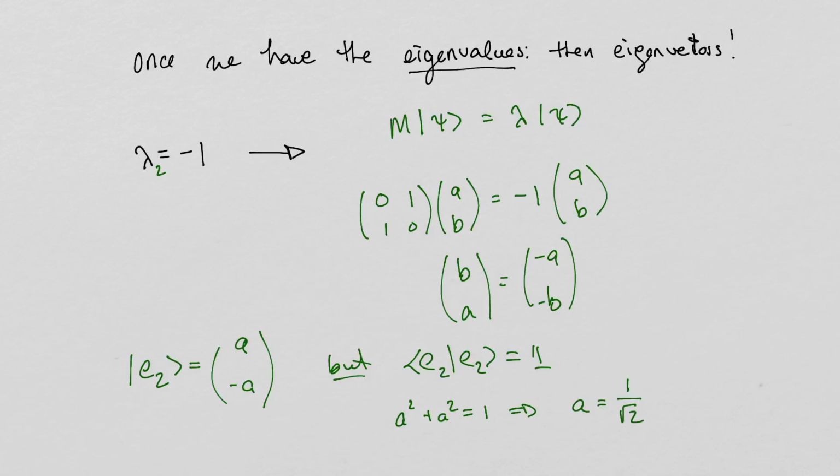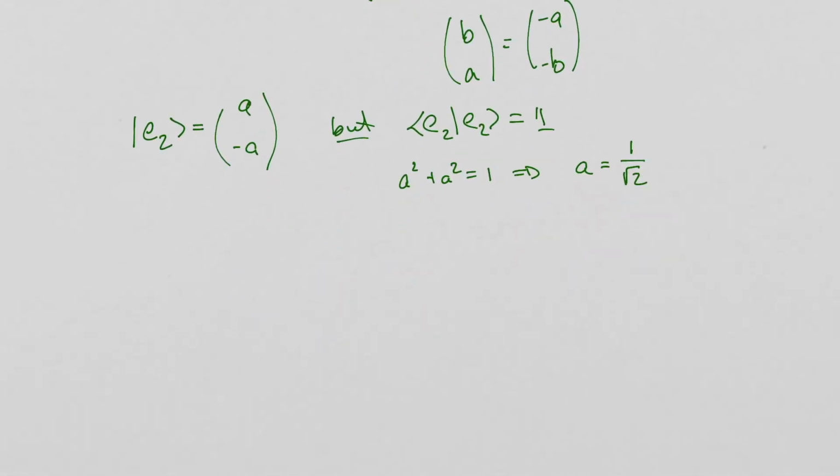And so my real eigenvector from a normalized point of view, or from a point of view where it's going to be useful to treat it as a proper basis vector, is going to have this 1 over the square root of 2 in the front.